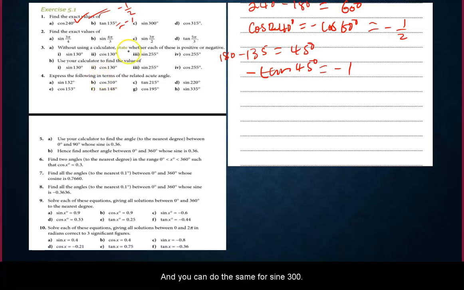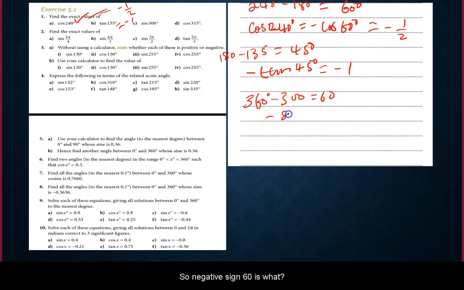And you can do the same for sine 300. 300 is in the fourth quadrant. Sine is negative there. So the number is 300, it is negative. 360 minus 300 gives us 60 degrees.